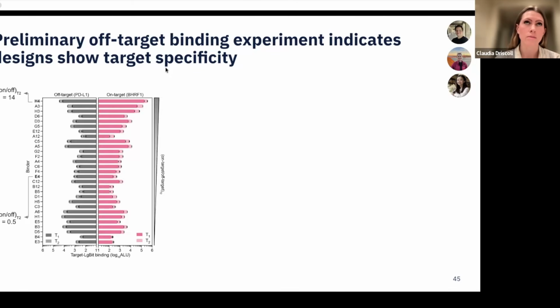So we think it's important that you design your binder to still bind a mutated interface and not just the conserved region of that interface. I don't know, without giving away too much.